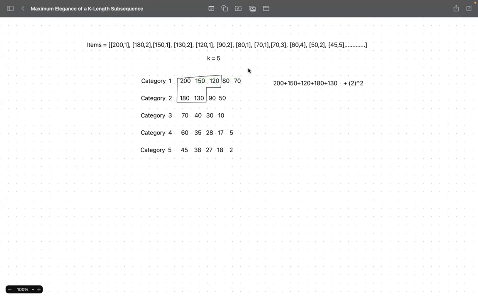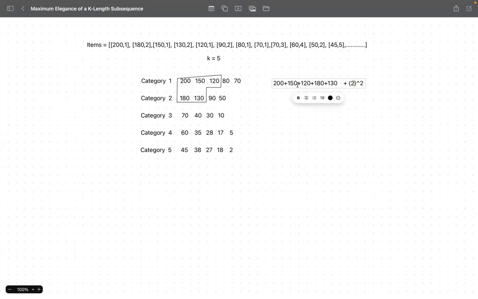And the next thing is, there are categories which have not been used yet. These are category 3, category 4 and 5. These three have still not been used. So how can we increase elegance? Either by increasing maximum profit, or by increasing distinct categories.